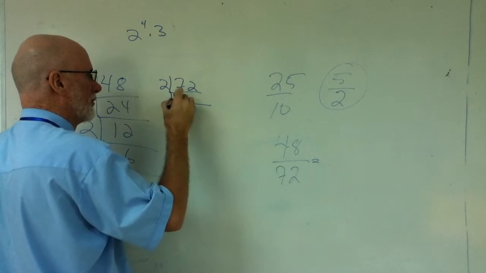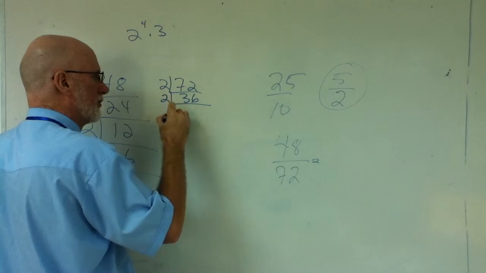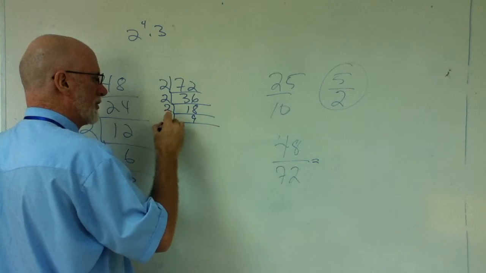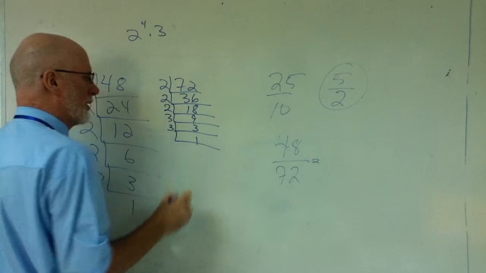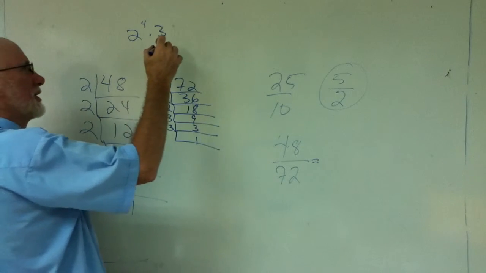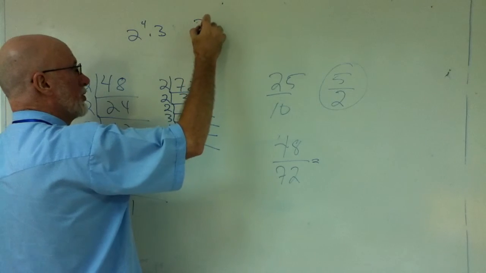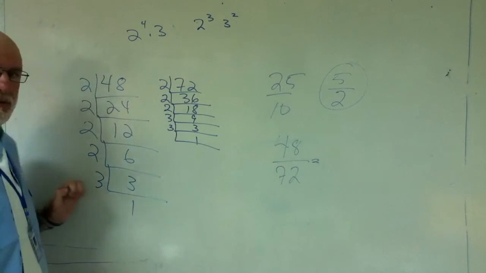Now 72. 2, 36, 2, 18, 2, 9, 3, 3, 3, 1. So what is it going to be? It's going to be 2 cubed times 3 squared. Correct?